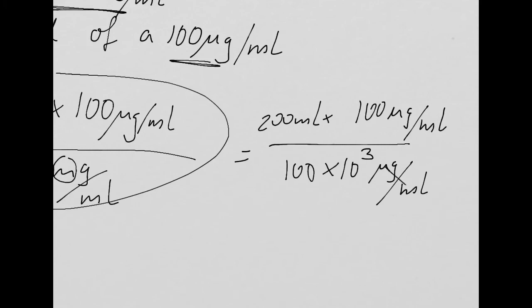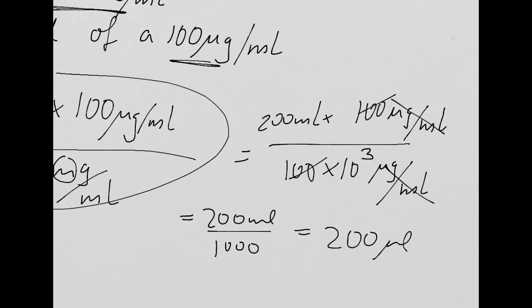Now the units, microgram per milliliter, cancel out. Even the 100 cancels out, very convenient. So all I have left is 200 milliliter divided by 1000, and that is 200 microliter.